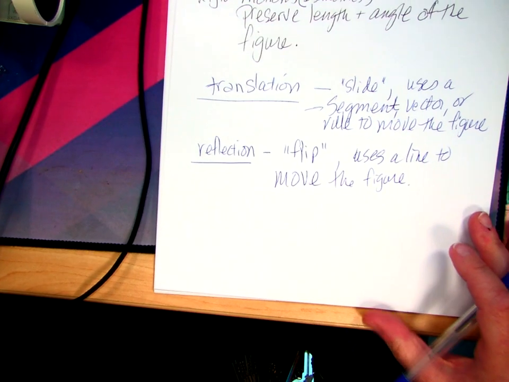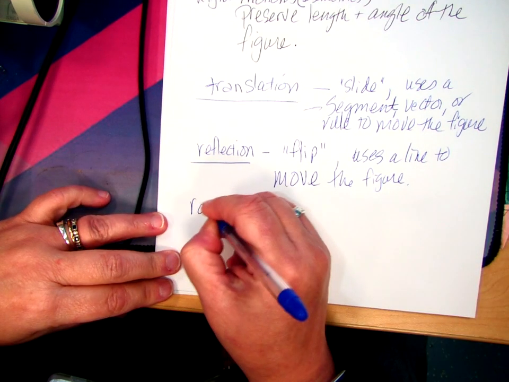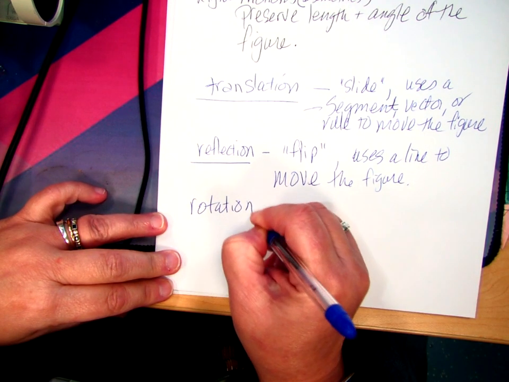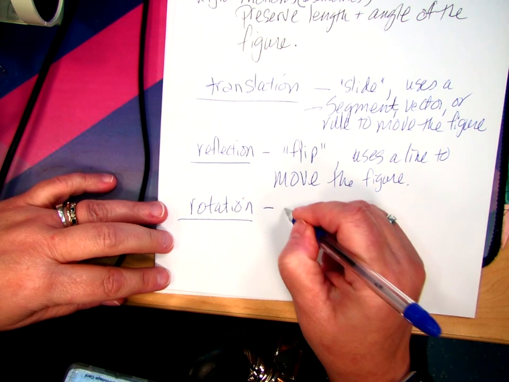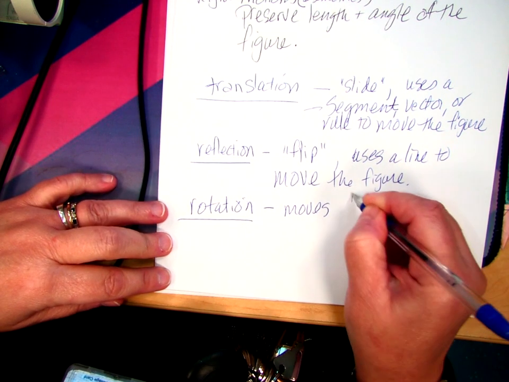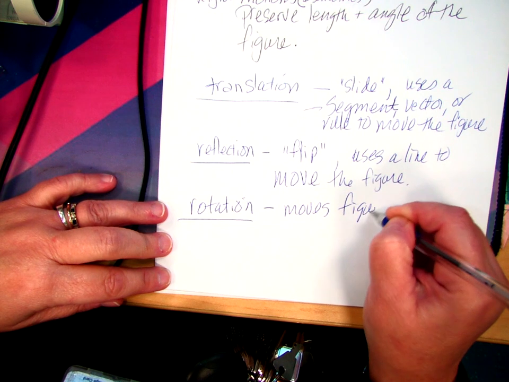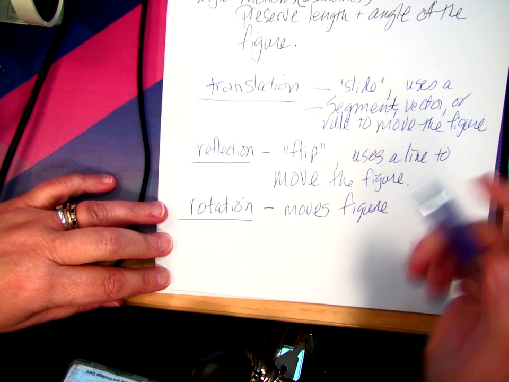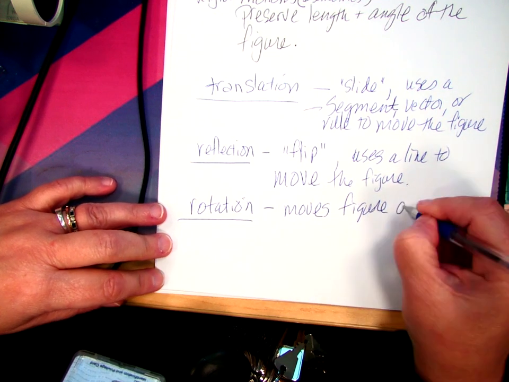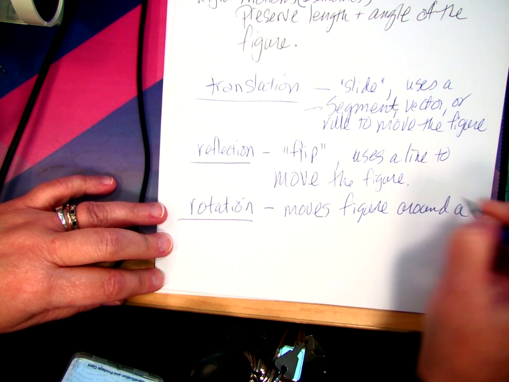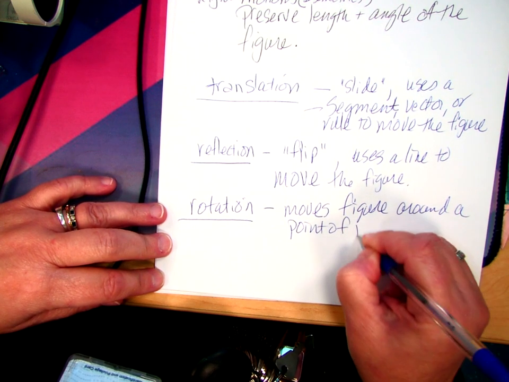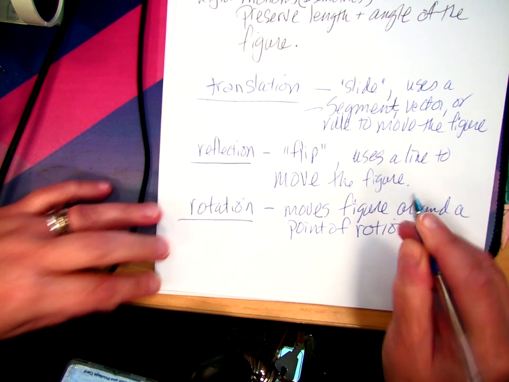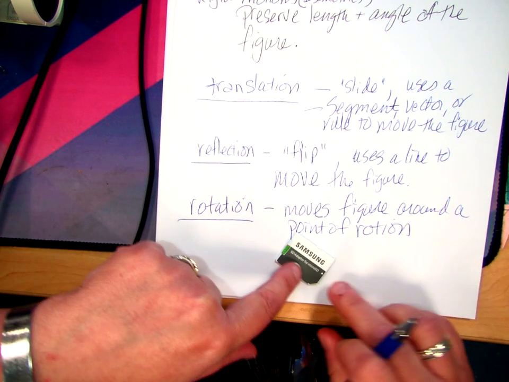Okay, now the last one was a rotation. And a rotation, okay, moves the figure around a point of rotation. Now that point of rotation might be in the figure itself.